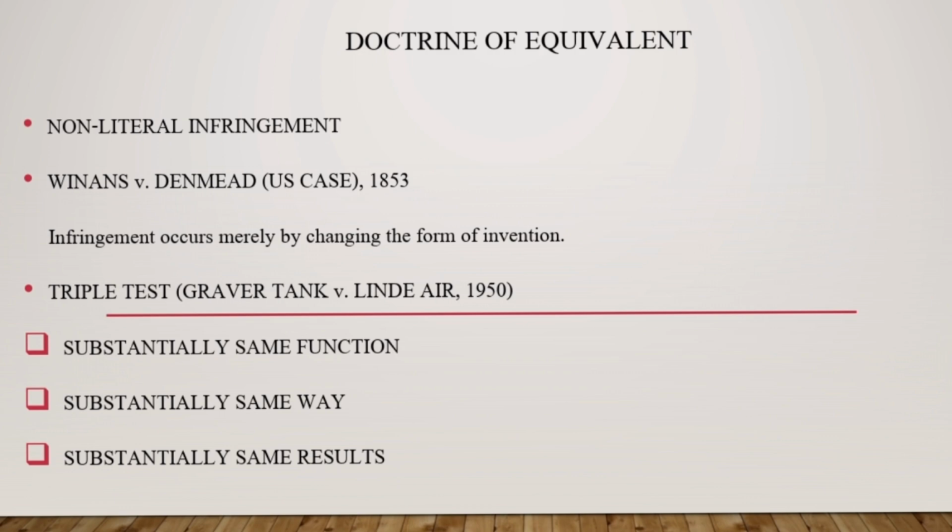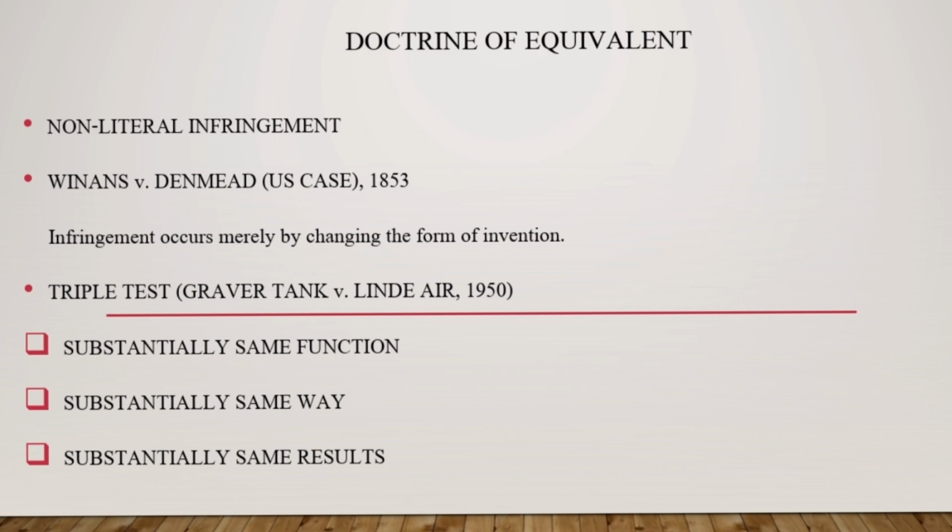With the help of the Winans vs. Denmead case, I'll explain the doctrine of equivalent. For a better understanding, let's see first of all the facts of the case. Winans, a plaintiff, manufactured a burden car to transport coal easily in a cylindrical shape. Later, Denmead also manufactured a similar burden car, not in cylindrical shape but in octagonal shape.